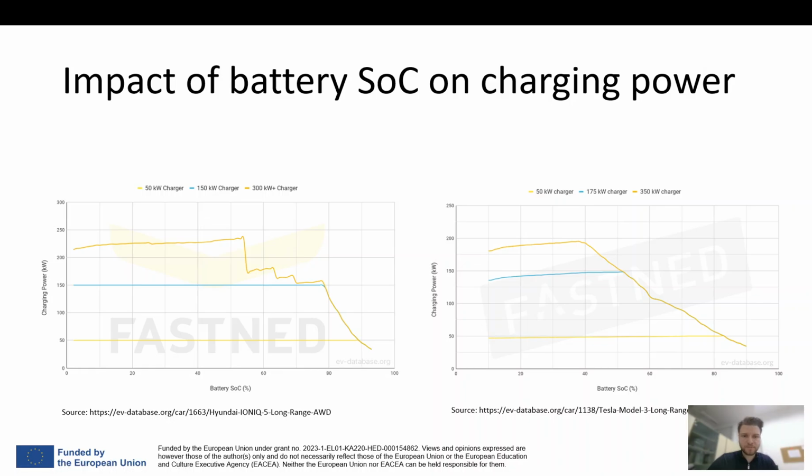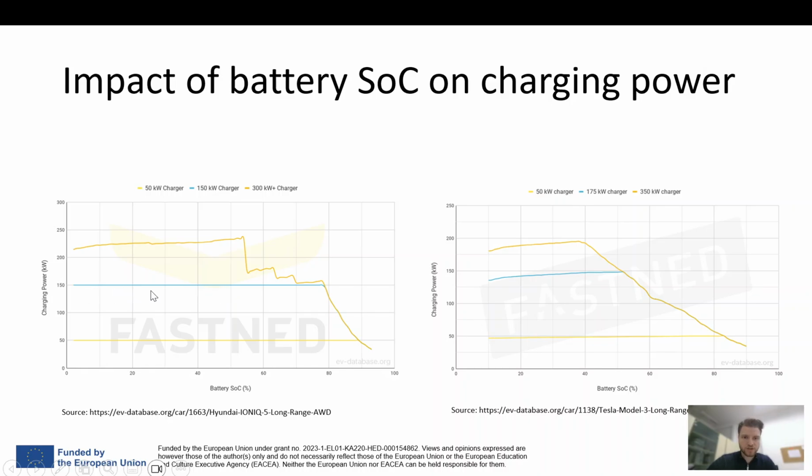And what we see is that the power that is drawn from the DC electric vehicle supply equipment is reduced after the state of charge reaches a certain level. And this is not so visible when we use a 50 kilowatt charger, but becomes significantly clear as we move up the power levels, when we use charging equipment with higher and higher power.